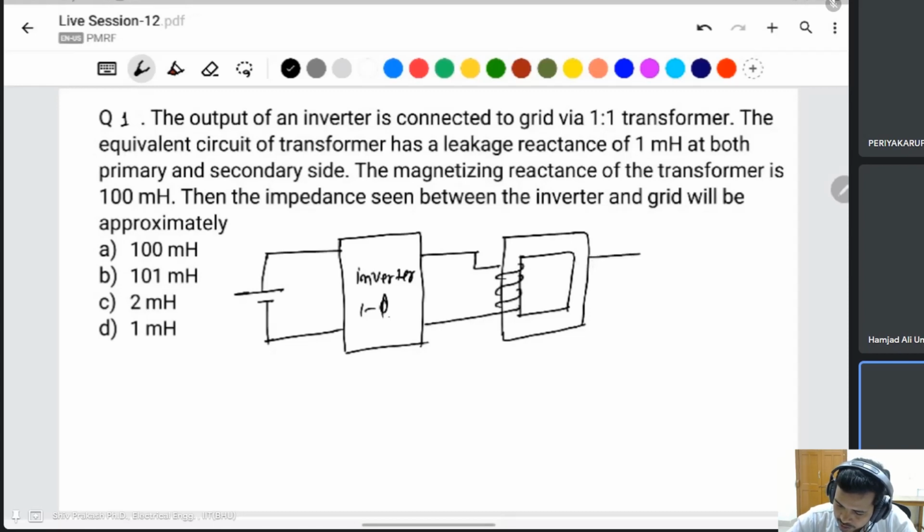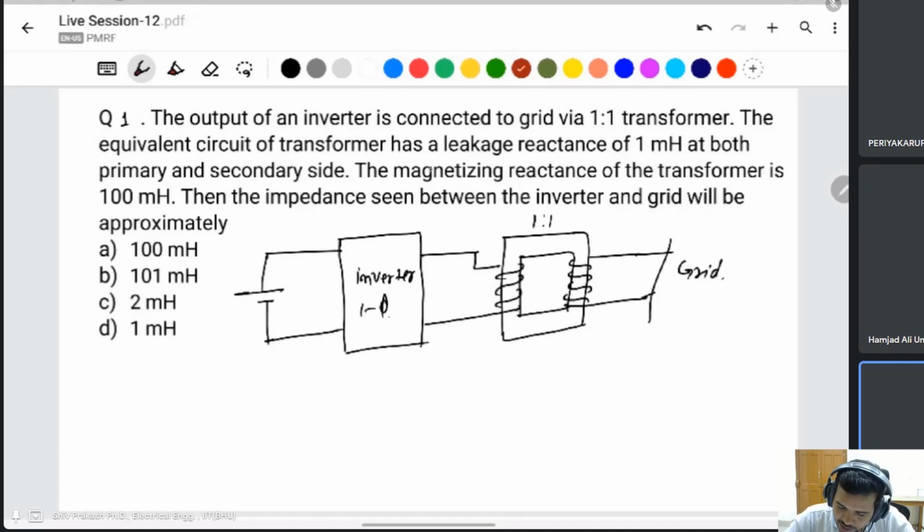This is the primary side, this is the secondary side, and this is connected to the grid system. So this transformer turn ratio is 1:1. It means the turns on primary side and secondary side will be the same.